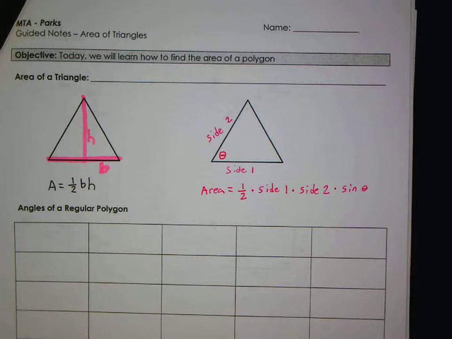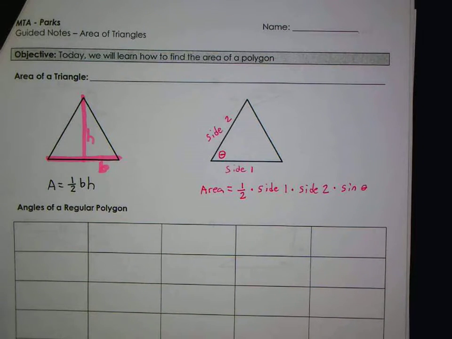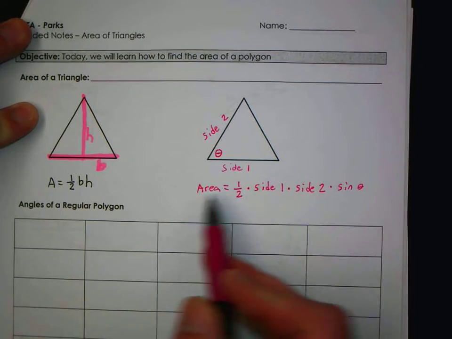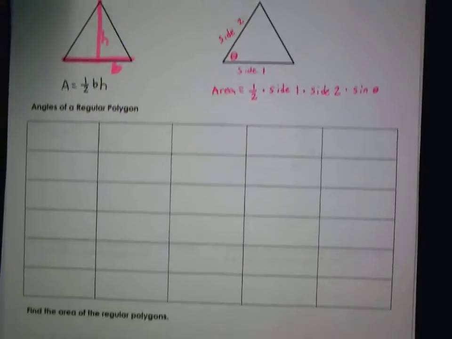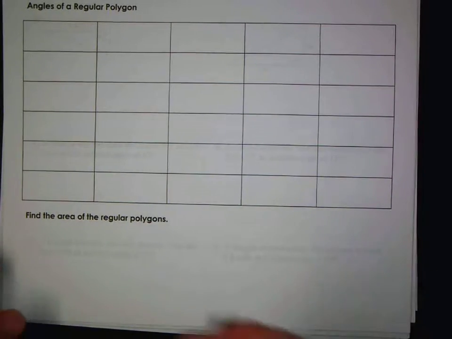So I'll make up an example down here. I don't want to cover too much, but area of a triangle, it's the same thing we just wrote, but here's how you find the area of the triangle. Okay. So an example real fast. Say you had this.